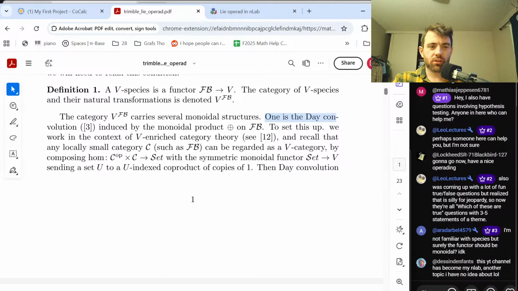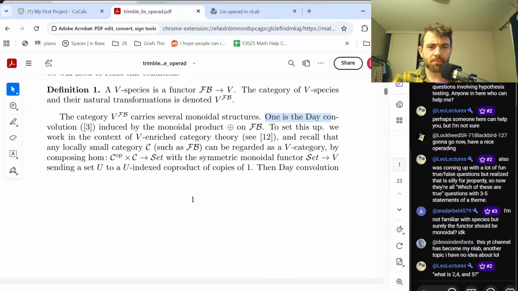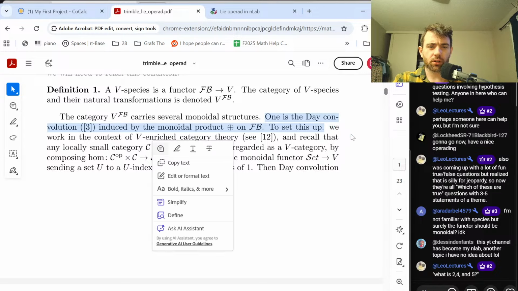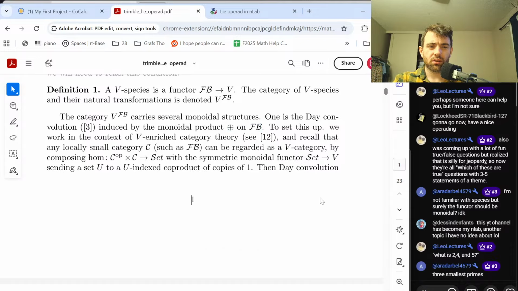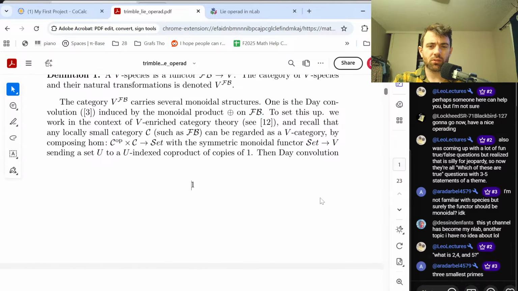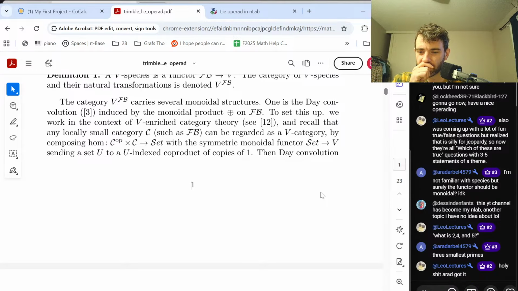One is the day convolution induced by the monoidal product. Okay, so shouldn't that mean that we're asking that it be monoidal? You might be right. What is 2, 4, and 5?